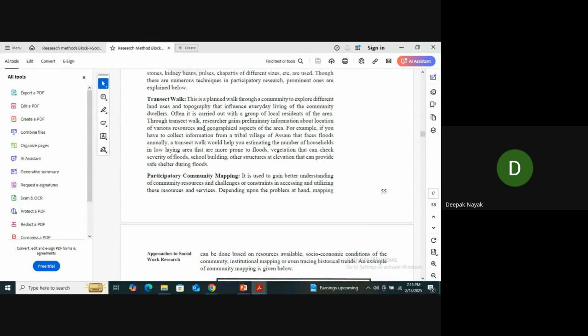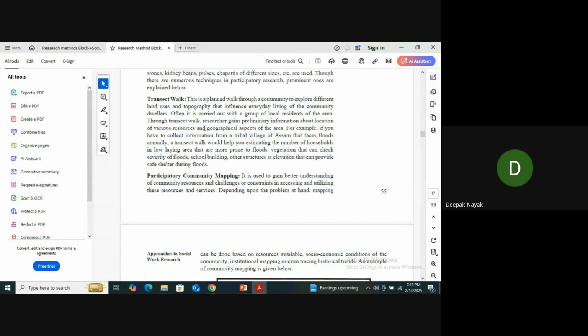They walk and talk about different resources available in the community, and they also try to understand the problems caused to the community people, like floods or earthquake or any other problems happening in the community, or crop failure.